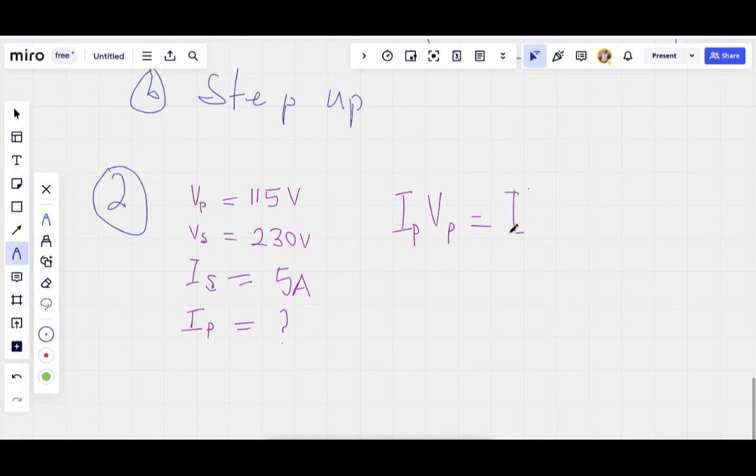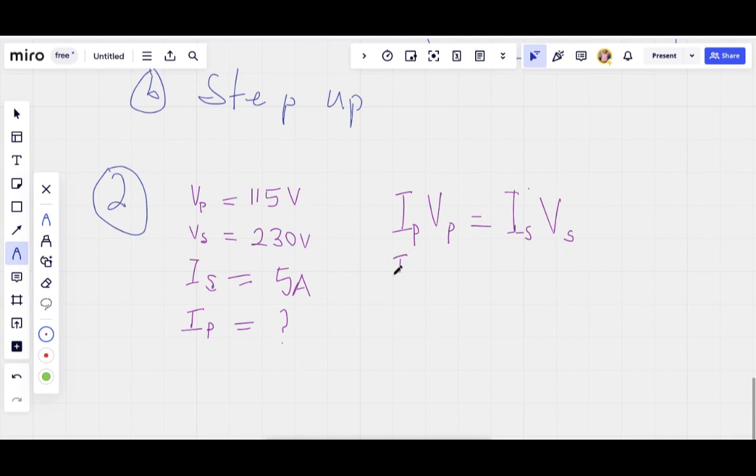Or you can start with V and say VSIS, but for me, I write ISVS. So now we key in our data. Remember, we're looking for IP.